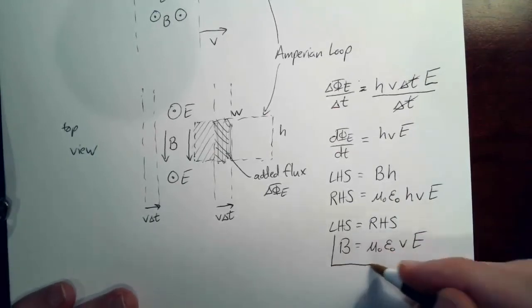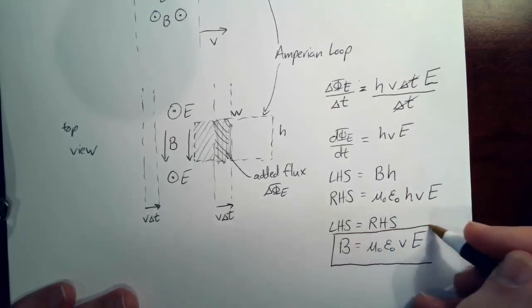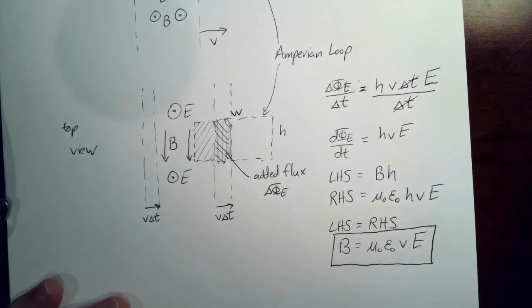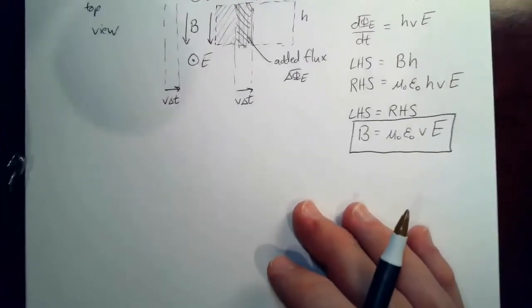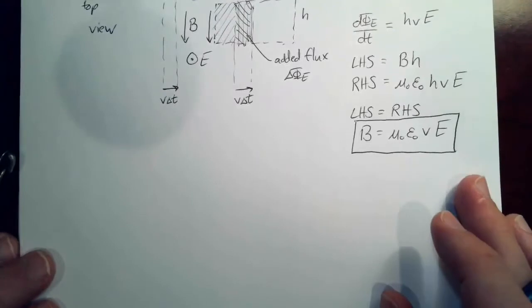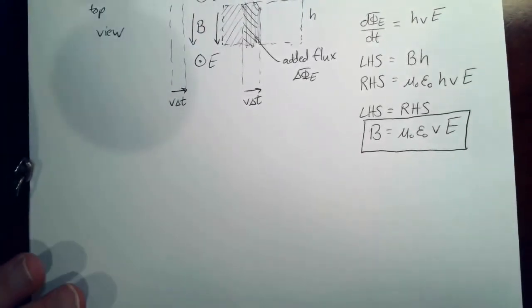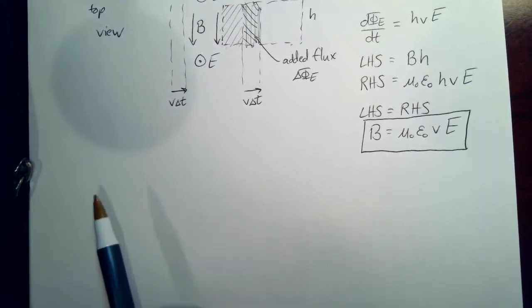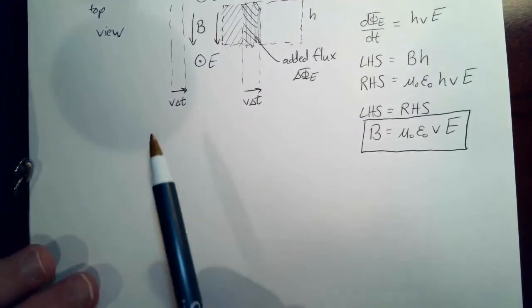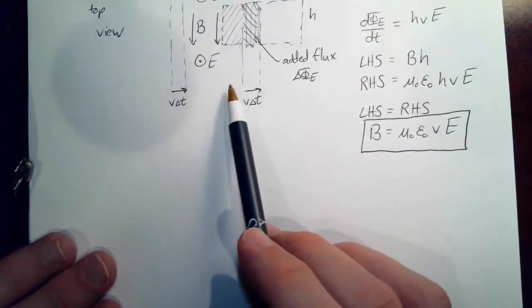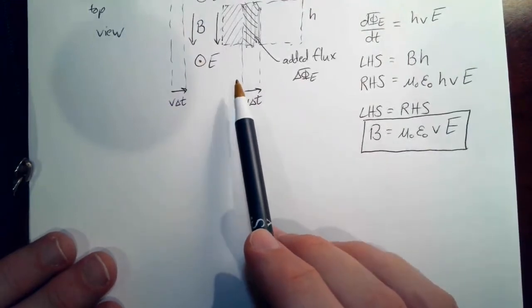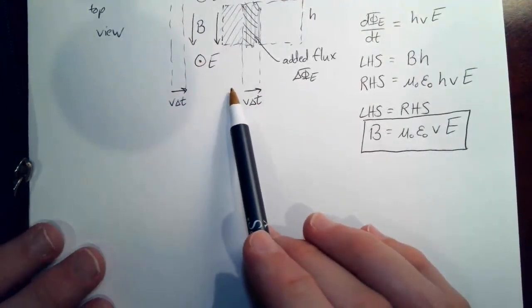So this is the second important equation. And now if I summarize everything that we've done so far, we've shown that this moving slab with non-zero electric and magnetic field satisfies Maxwell's equations.